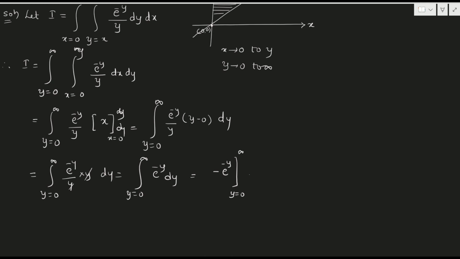When you substitute the upper and lower limits, it gives minus of e raised to minus infinity minus e raised to minus 0, so minus of 0 minus 1. Therefore, what is the value of integral I? I is plus 1. This is the value of the given integral by changing its order.